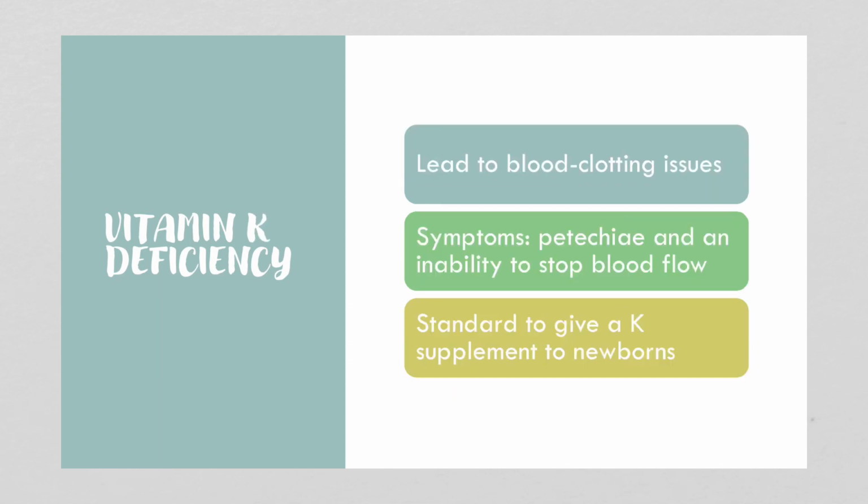If you have a vitamin K deficiency, so you're not eating leafy green vegetables, or your large intestine isn't able to produce it with the bacteria that live there, you can end up with blood clotting issues.